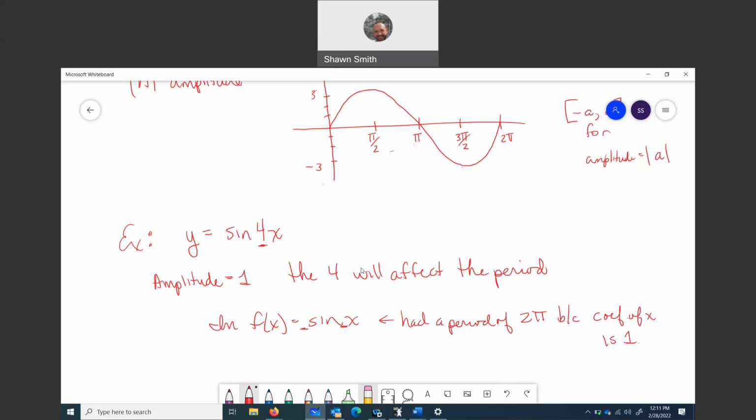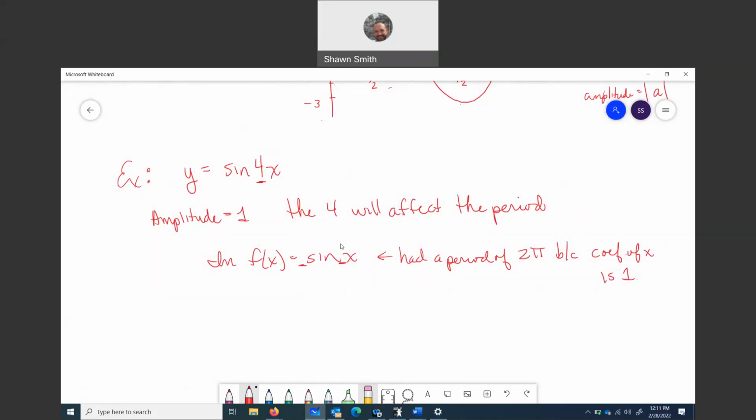So now over here, for y equals sine 4x, the period is going to be 2 pi divided by 4, which is pi over 2. So if we put the coefficient, this is going to either shrink our period or extend it wider.